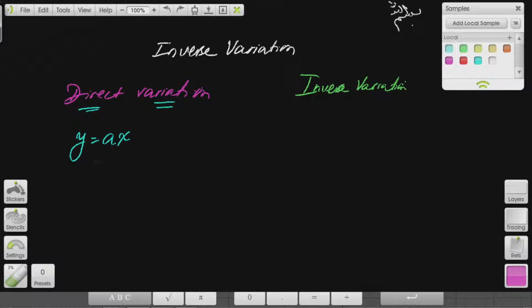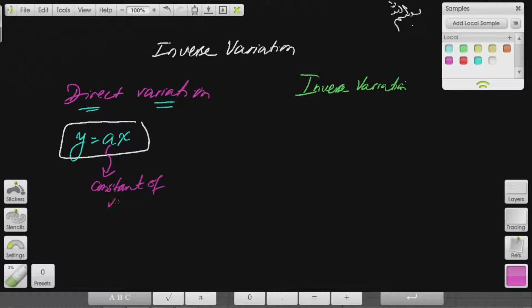So in a direct variation, for example, your pay goes up with the number of hours that you worked. So they're both like this. One is going up, the other one is also going up. If one is going down, the other one also would go down. So that's direct variation, and symbolically it's represented by an equation like this, where a here would be a constant, and that's called the constant of variation.